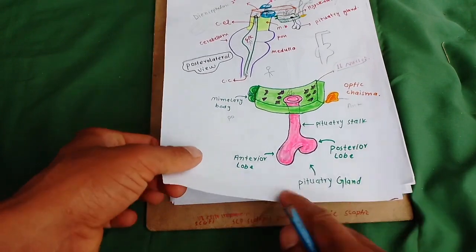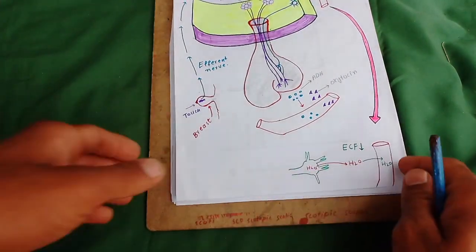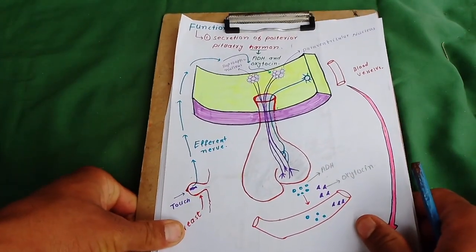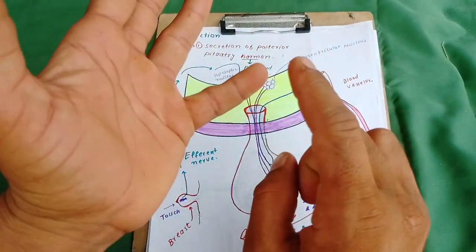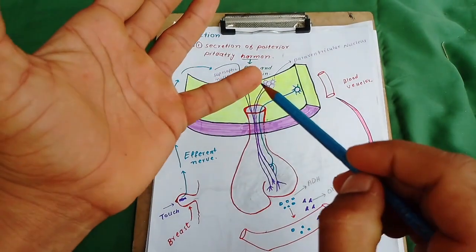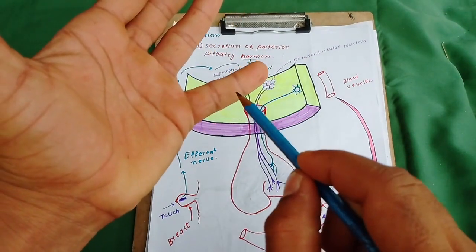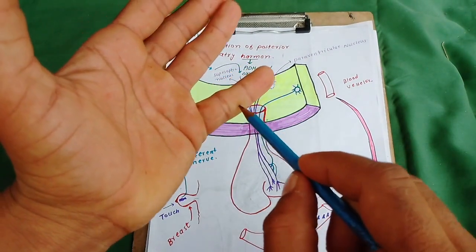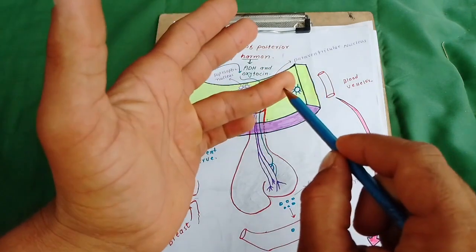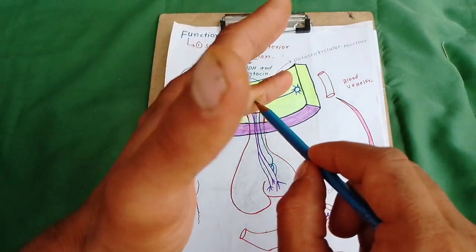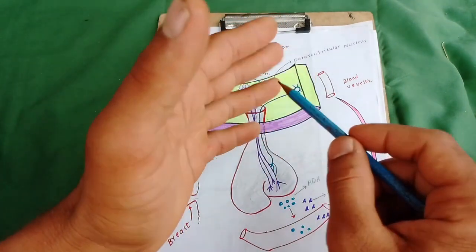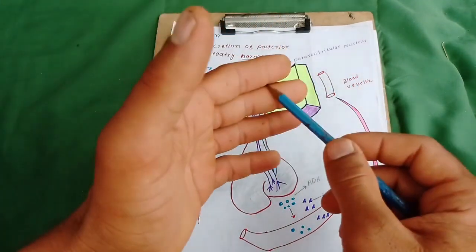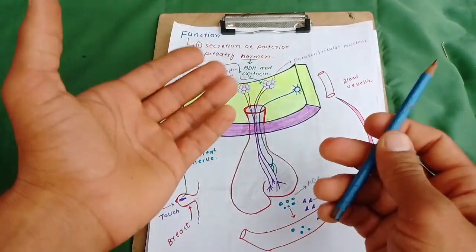Now, the function of the hypothalamus. What is the function of the hypothalamus? The hypothalamus controls sexual function, hormonal secretion, thirst, hunger, body heat regulation, body water regulation, metabolic activities, emotion, sleep, and wakefulness.